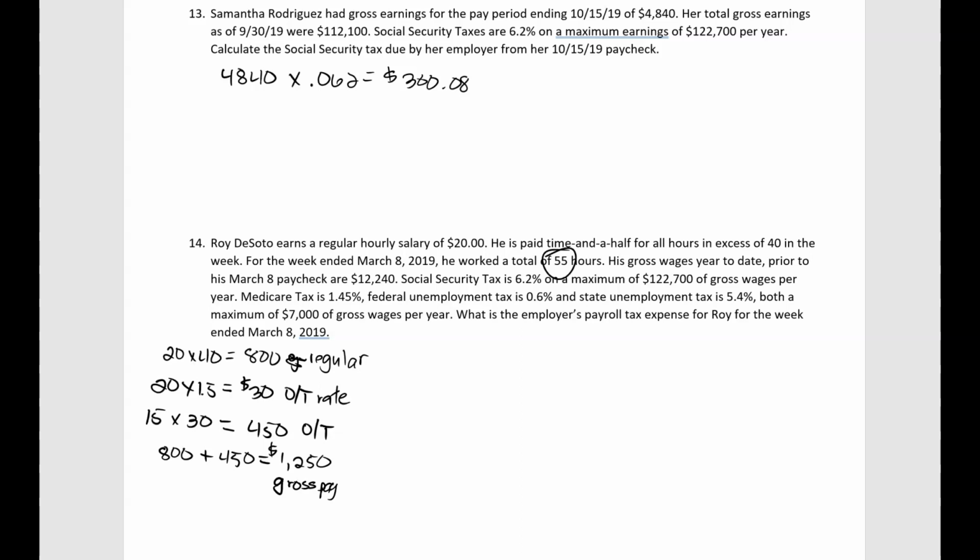What is the employer's payroll tax expense? Okay, again, we don't need to know anything other than Social Security and Medicare for this one, because this was the employer's tax expense for Roy for that week.